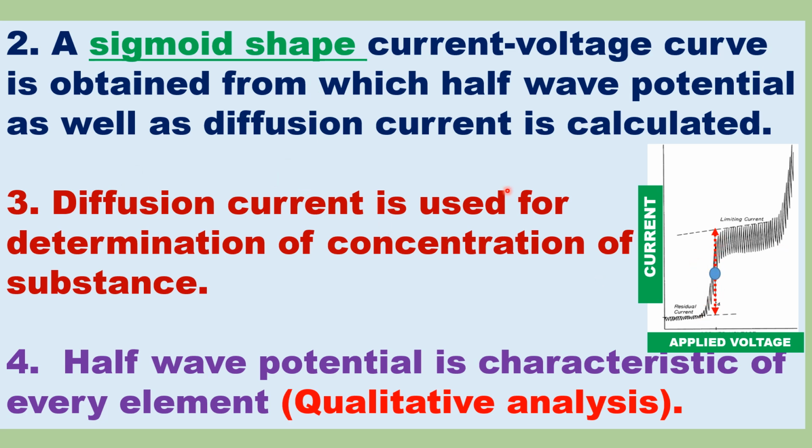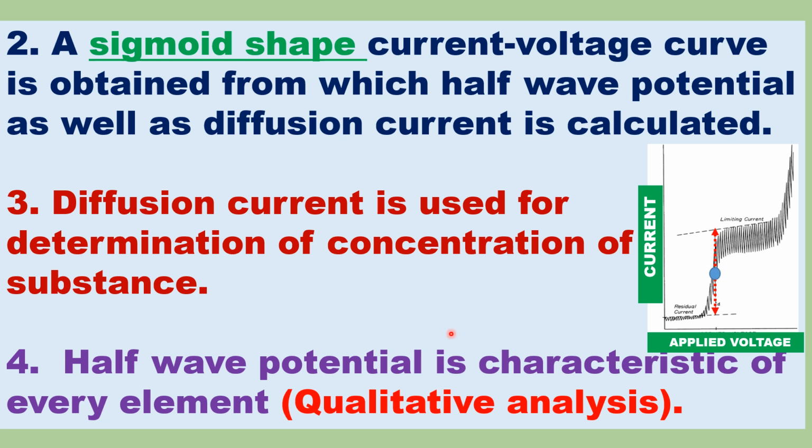Diffusion current is directly proportional to the concentration of the electroactive species. Therefore, it is used for quantitative analysis: how much copper ion is present, how much organic ketone or aldehyde species which undergoes reduction is present.